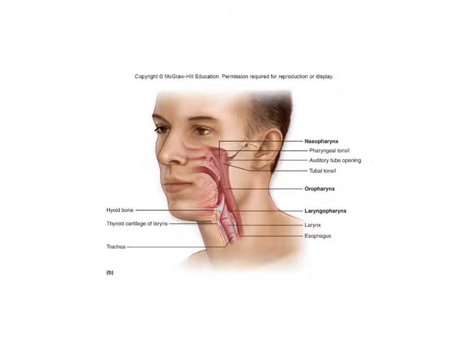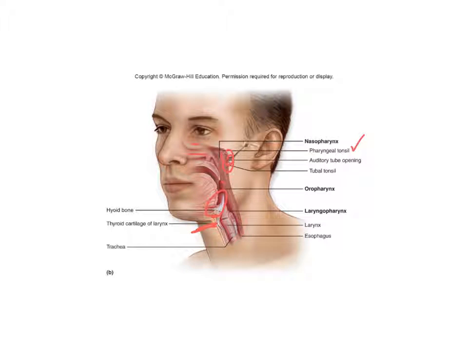All right, so here's another picture. Okay, so concha, increase the turbulence. Okay, nasopharynx, so there's pharyngeal tonsils. There's where the internal auditory canal opens. Okay, and tubular tonsils or tubal tonsils are right there. Oropharynx. Hyoid bone, I know you guys have talked about.